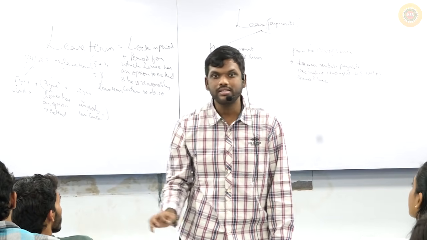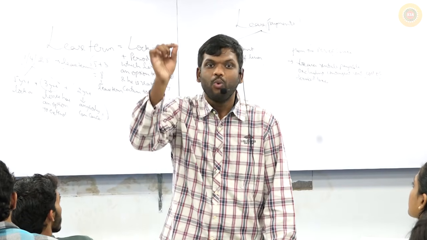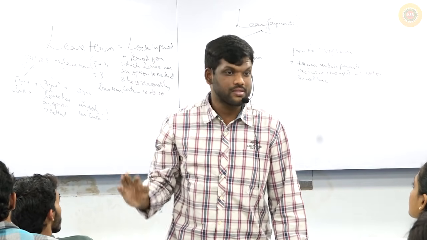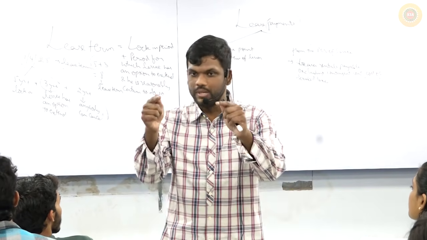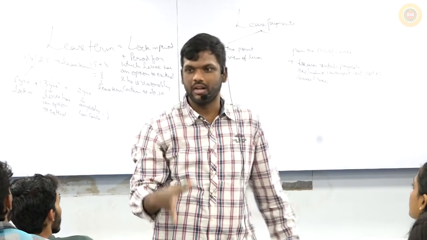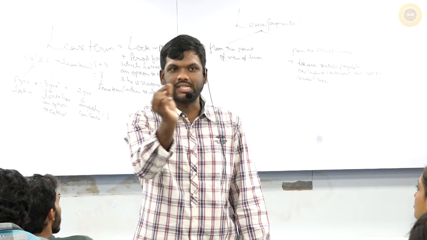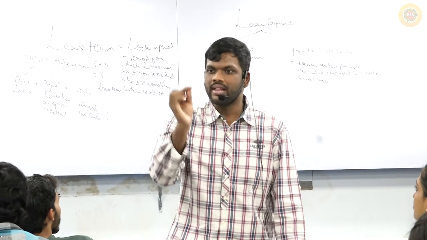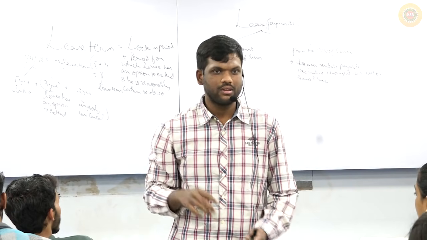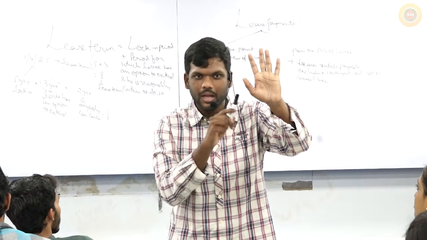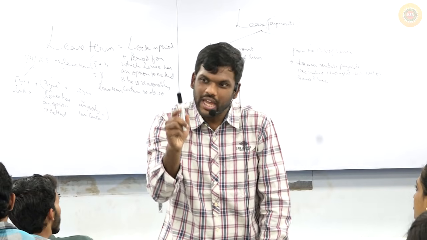Plus Asif is asking 1% of my sales. I am going to do business; assume I am going to do CA practice from that building. Asif is telling, whatever services you sell from this building, I want 1% of that. So fixed 5 lakhs plus 1% of my sales.